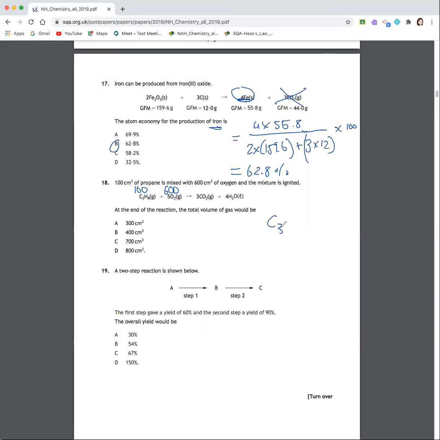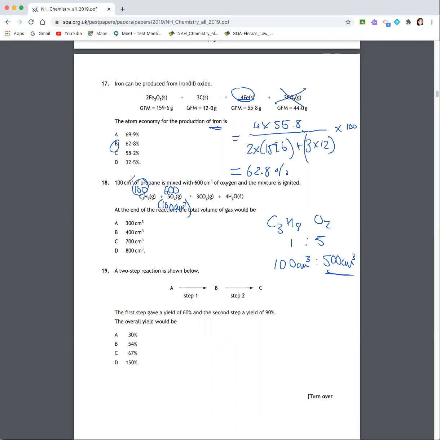So again, take the mole ratio from the equation, a 1:5 ratio, propane to oxygen. If you want to react all of your 100 centimeters cubed of propane, then you need 500 centimeters cubed of oxygen. You have more than that, so that means the propane is limiting. So you're only going to react 500 centimeters cubed of oxygen, and you're going to end up with 100 centimeters cubed left over.